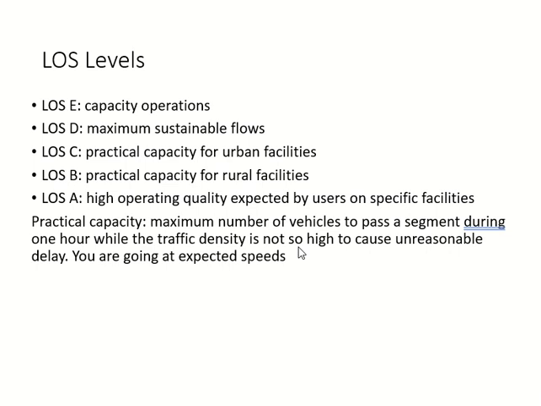But then a point comes where drivers no longer feel safe. The spacing is so small that they feel forced to reduce their speed. That point is called practical capacity. In rural facilities this point comes earlier, at a low level of flow, and for urban facilities it comes much later. So we call it practical capacity for urban facilities, and that happens in level of service C.